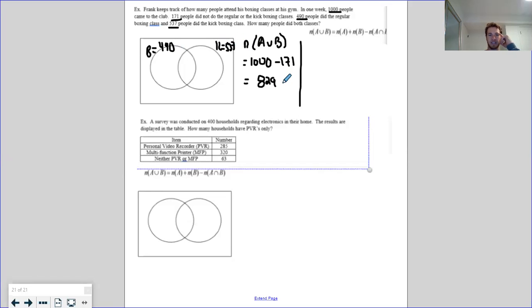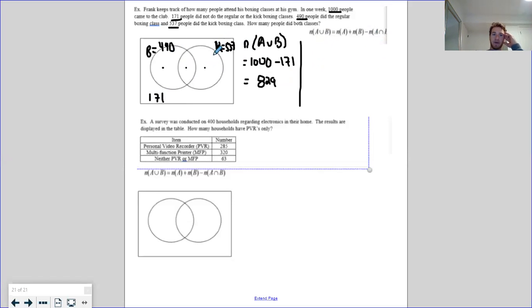Sorry, that's pretty messy. So we don't know this, we don't know this, and we don't know this, but we do know there's 171. If we do more questions, you'll understand how to do this, but I'm going to show you how to do this with the formula because it'll be really, really easy.